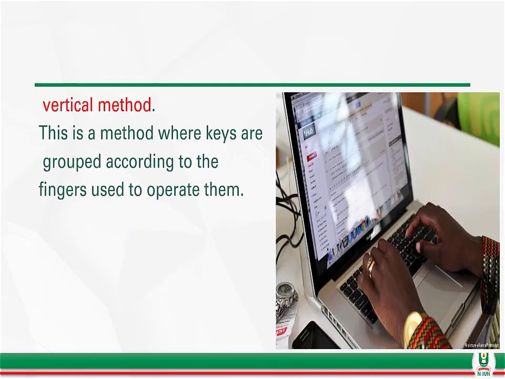We have the vertical method. This is a method where keys are grouped according to the fingers used to operate them. Now you can see that the fingers have been grouped. If you look at the picture, the first finger is not on the same line with the third or fourth fingers, because the first finger is on the second line, while the fourth finger is on the fourth line.